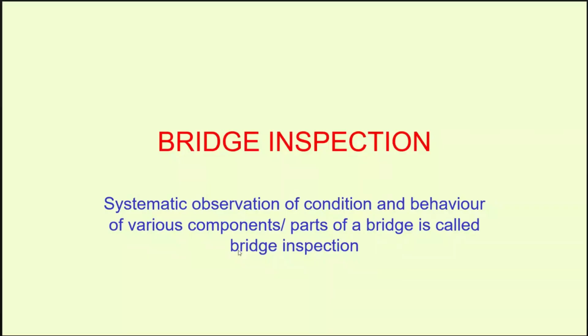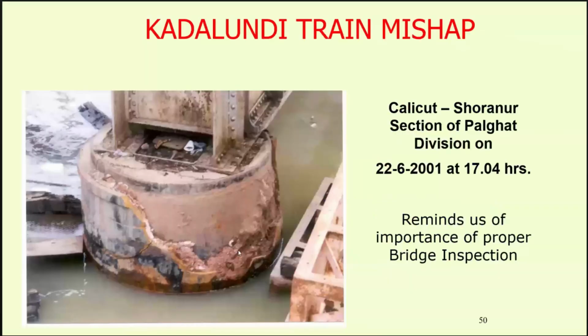Then another point of major importance is that we are not only inspecting our bridges from the passenger safety point of view, we have to see from the security point of view also. See, a bridge is a very important vital link to continue the communication or transportation system.